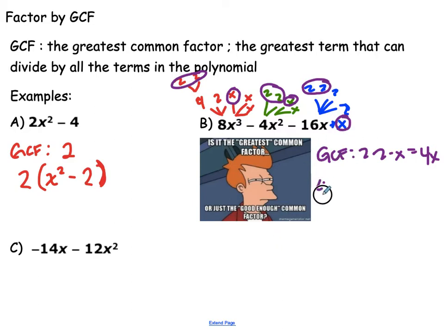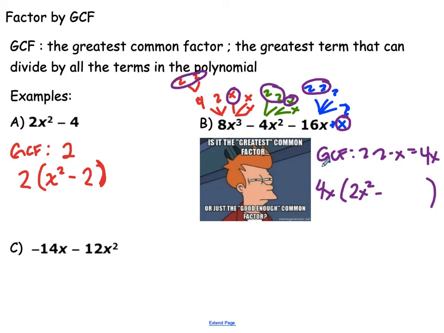All right, so if you take out the greatest common factor, we can now figure out what's left. So to get what's left, we can multiply. What would we multiply 4x by so we can get 8x cubed? That would be 2x squared because 4 times 2 is 8, and x to the first times x to the second power is x to the third power.